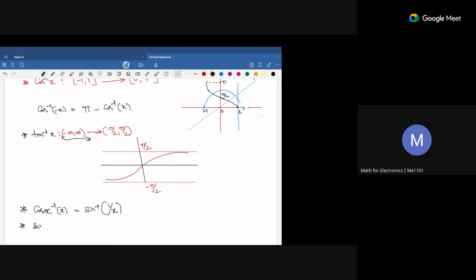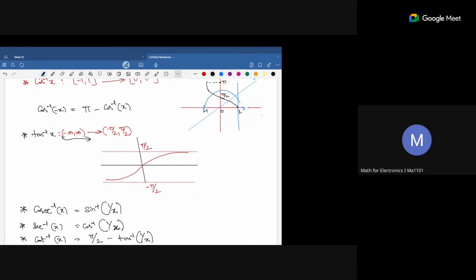Similarly, secant inverse of x would be cos inverse of 1 by x, and cot inverse of x would be, I think this is slightly different, this would be pi/2 minus tan inverse of x, or tan inverse of 1 by x. So this is all formulas.